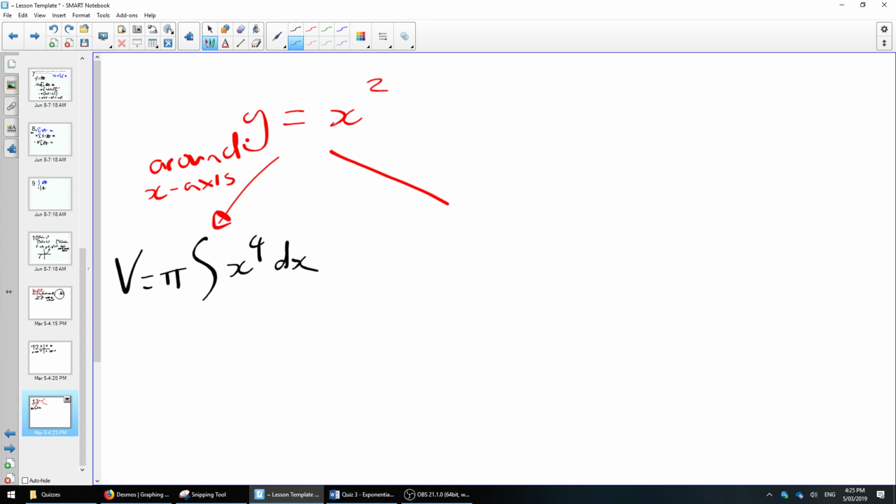I need x's in there. Alright. If I want to rotate around the y-axis, that means I want to find x squared, and I'm going to be doing dy. And we already have x squared, so in this case, it would be y dy.